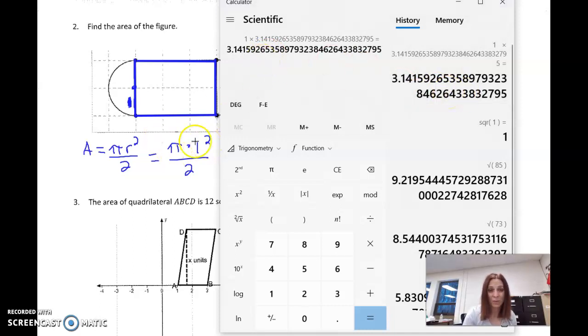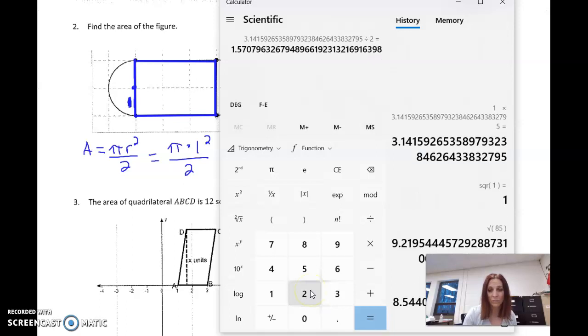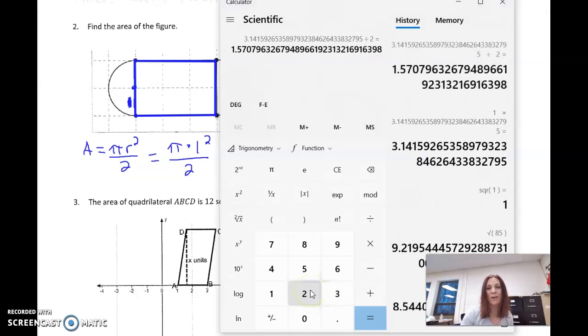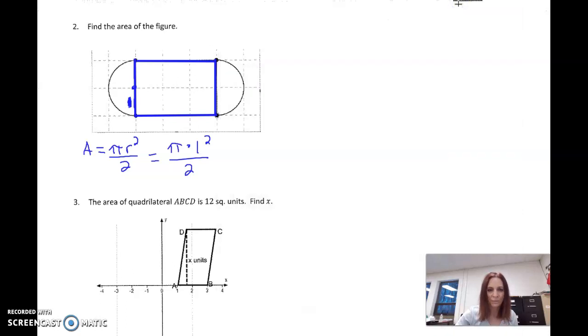So I've done 1 squared times pi. Now I'm going to divide it by 2. And you'll see that I get about 1.57, we're going to say. So I know the area of this is about 1.57.